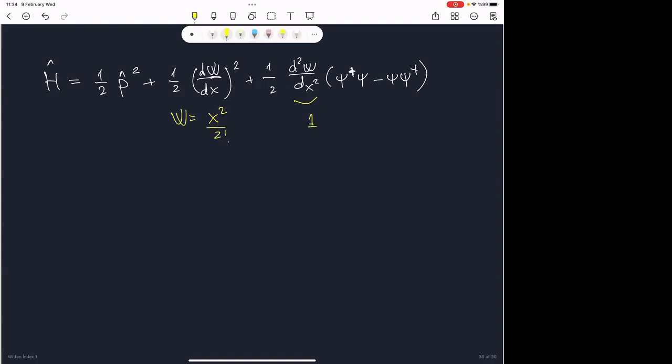Then it gives 1 here, and here you get just x and then x squared again. So if you plug in W equals x squared over 2, what you get is the supersymmetric harmonic oscillator: p squared plus 1/2 x squared plus 1/2. This is also great. This is the supersymmetric SUSY harmonic oscillator.